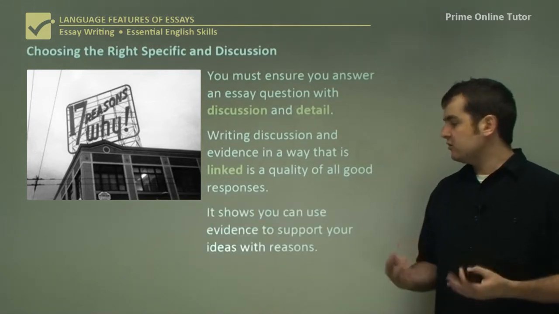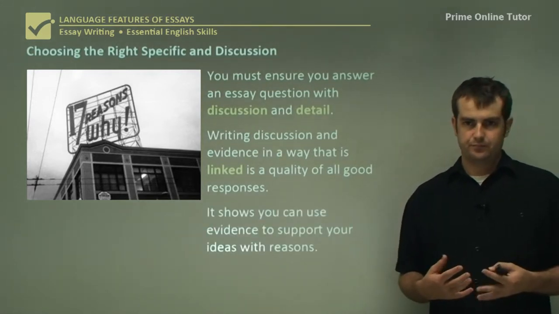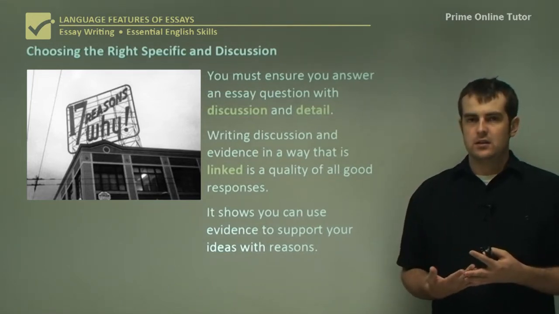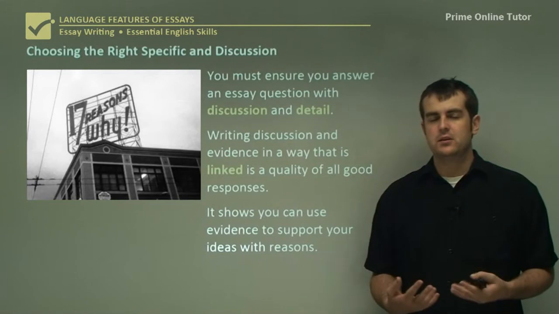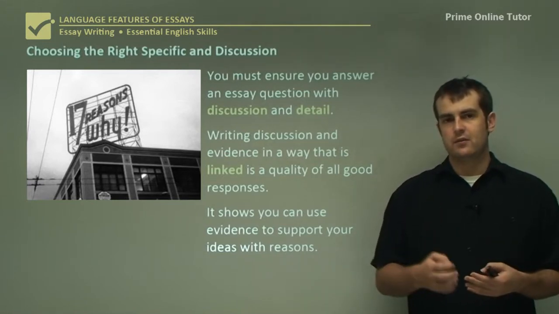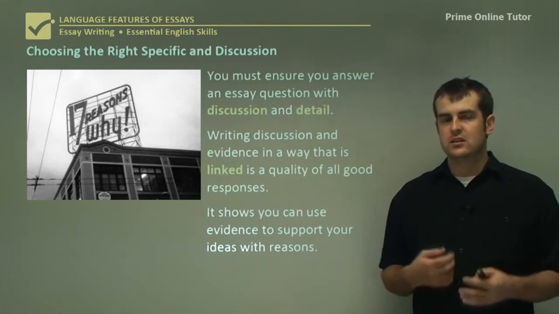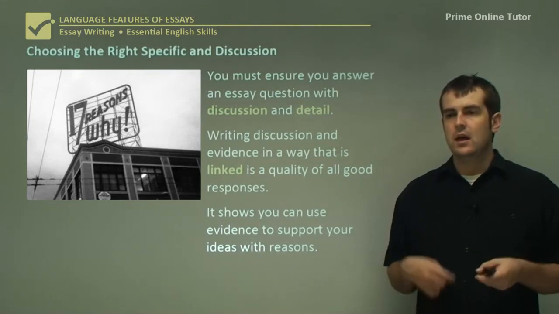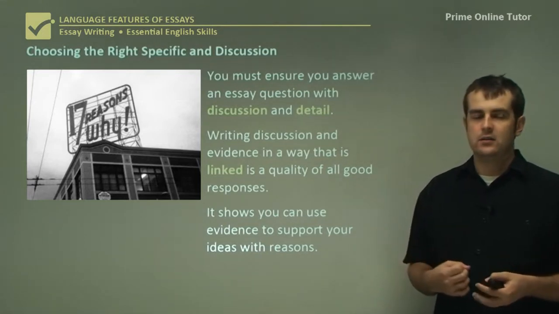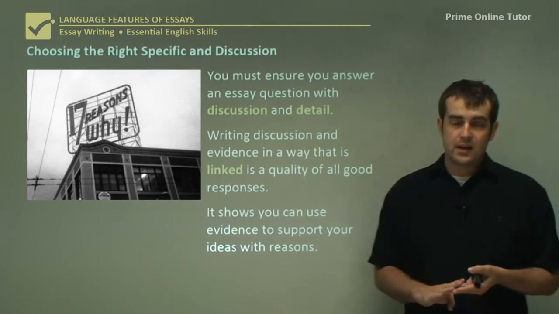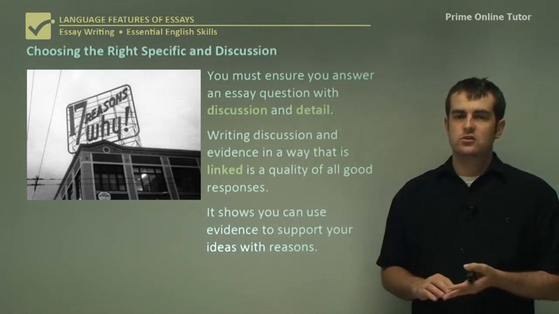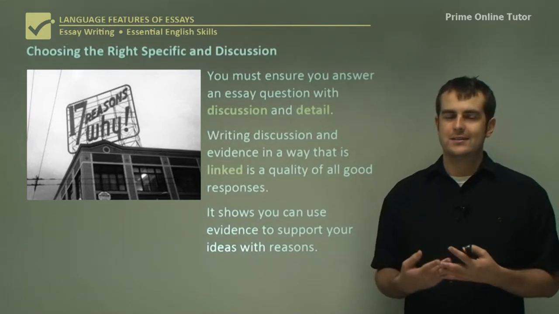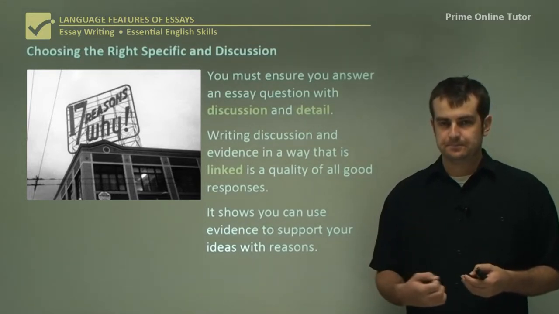you're developing an argument, and you're also using evidence, and it shows that you can use reason. Now this is the most important thing. If you have a way of developing your argument that shows you have reason, then you're essentially answering every outcome. Now the outcomes from the Board of Studies are basically that you can develop your ideas with detail, and that you can analyze it, criticize it, and show your understanding in a number of different ways.